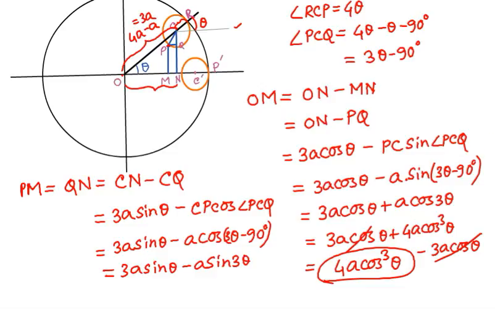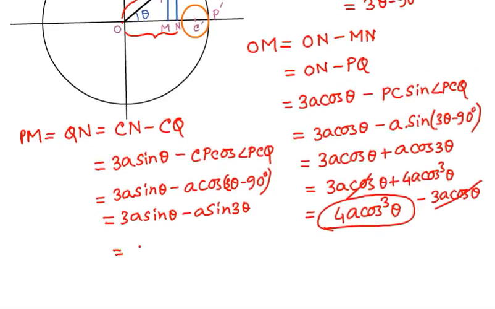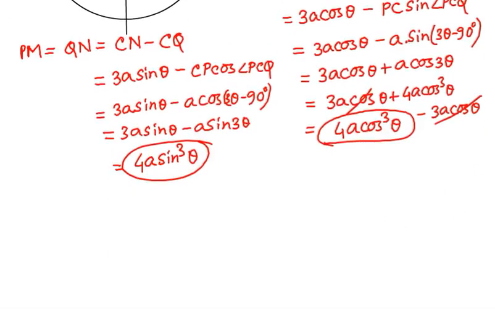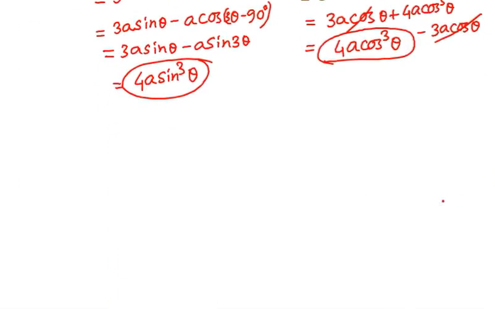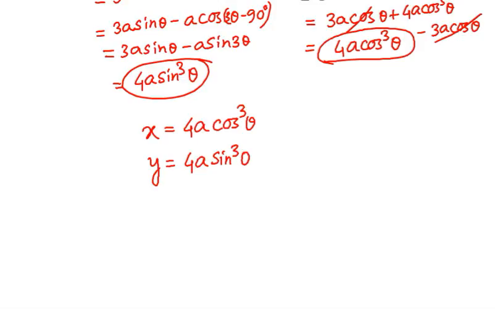And if we apply the formula of sine 3 theta, then we can easily say that this is coming out to be 4a sine cube theta. So this is the y coordinate of the variable point P. So to find the locus of the point P, we can safely assume that the x coordinate of the point P is 4a cos cube theta, and the y coordinate of the point P is 4a sine cube theta.